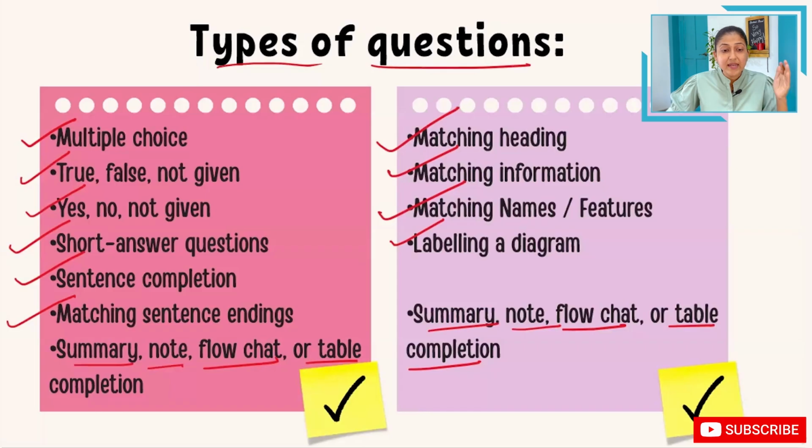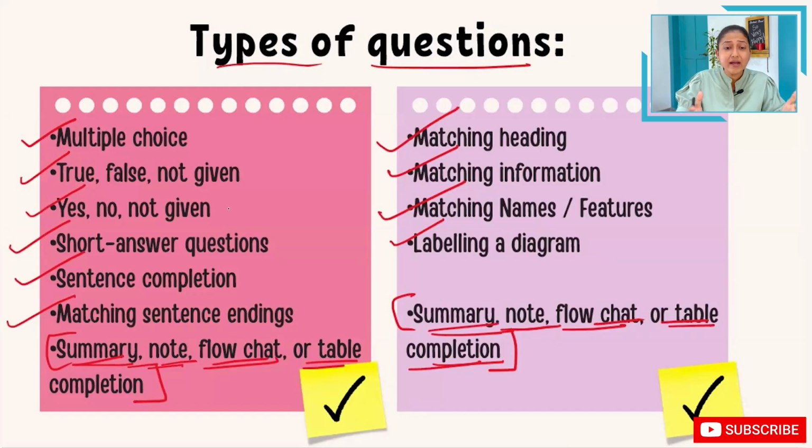Please pause and look at the screen once again and identify what you see which gives you a question mark. If you have noticed, there are certain types of questions which are written on both sides, left side as well as right side. Which are these questions? Summary completion, note completion, flowchart completion, and table completion. You see, they are written on both the sides.